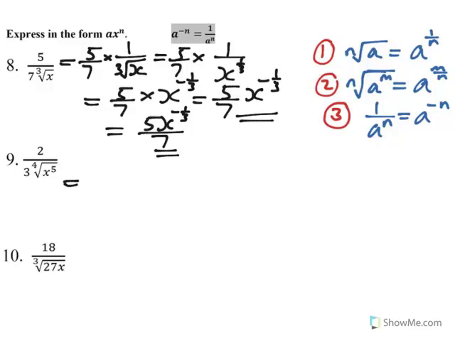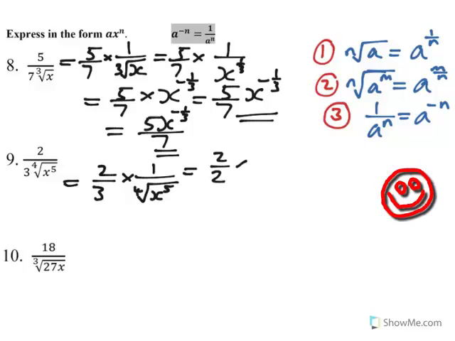This next one, we need to think of it as 2/3 times 1 over the 4th root of x to the power of 5. Based on rule number 2, the 4th root of x to the power of 5, n is 4, m is 5, it's x to the power of 5 over 4. Make sure you get this the right way around.